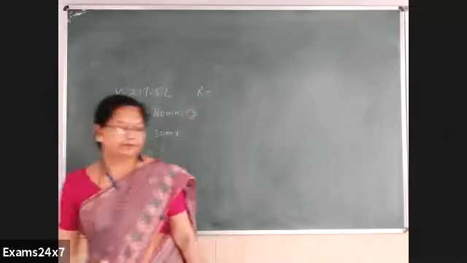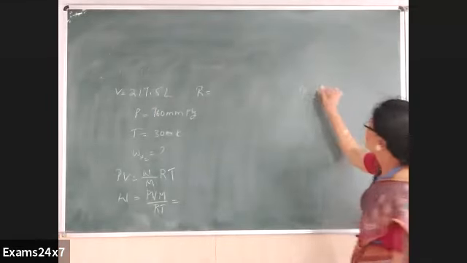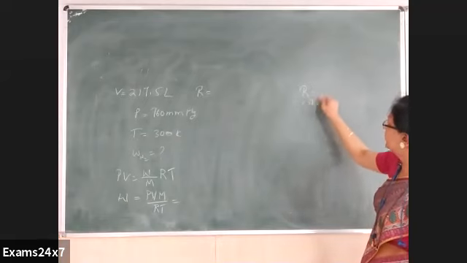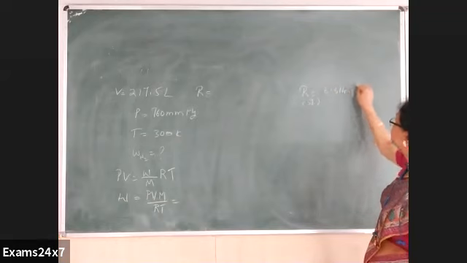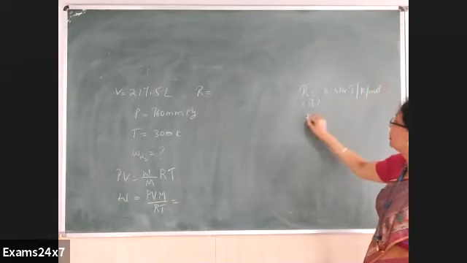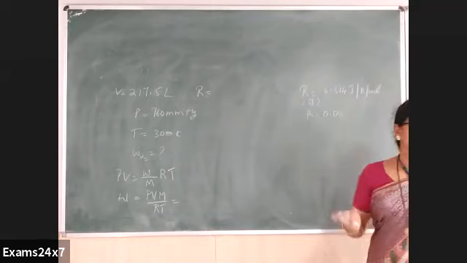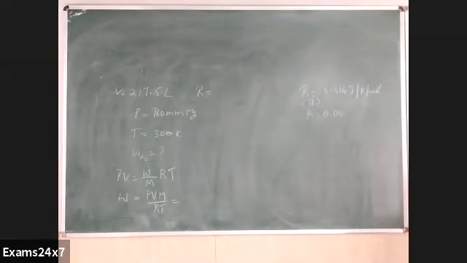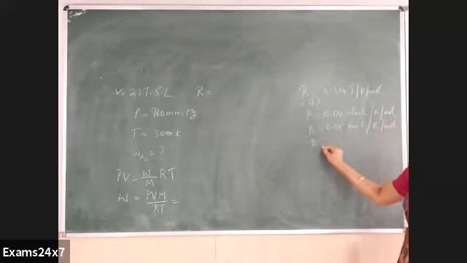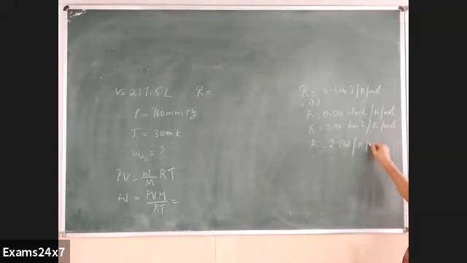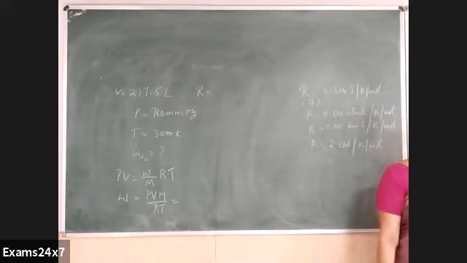R in SI unit is 8.314 joules per Kelvin per mole, or R can be 0.082 atmosphere liter per Kelvin per mole, or 0.083 bar liter per Kelvin per mole, or R equal to 2 in case of calories per Kelvin per mole. These all are the different values based on its unit.